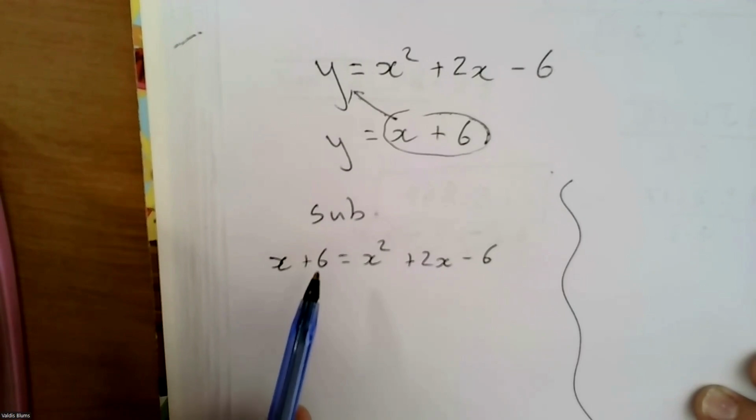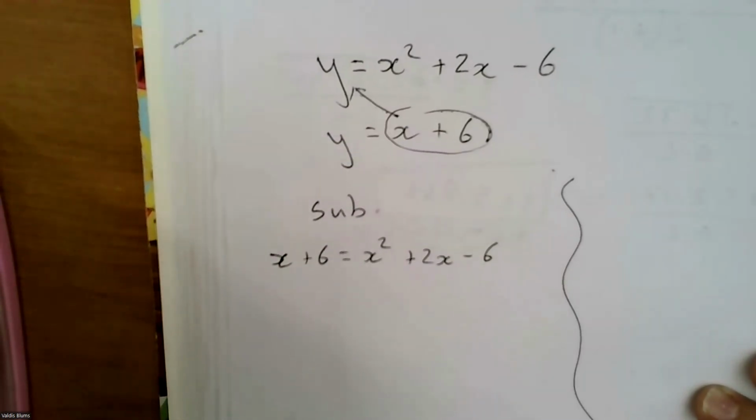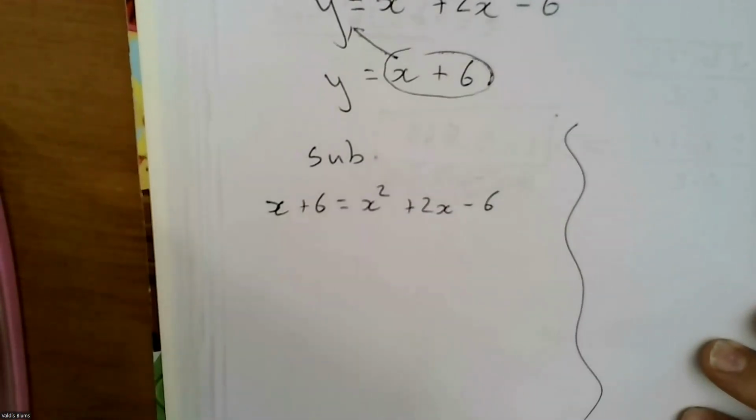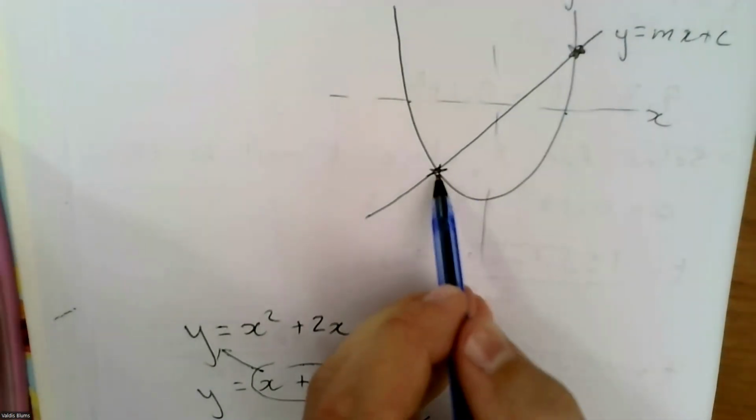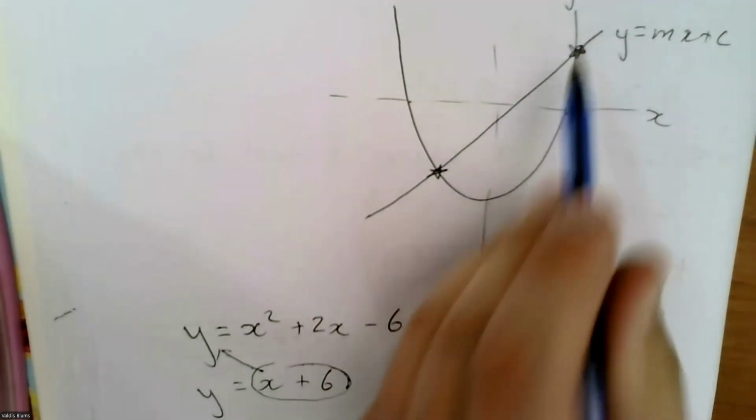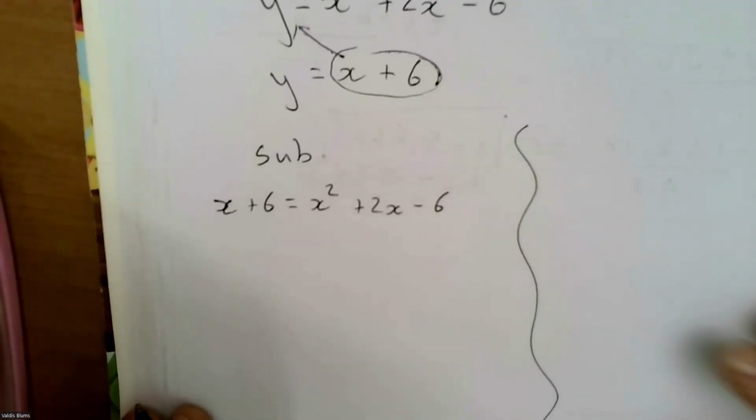And then we use algebra to solve for x in this case. And then once we have x, we sub it back into one of the starting equations and we solve for y. Now, because we have two valid solutions, when we solve for x, we're going to get two valid solutions.